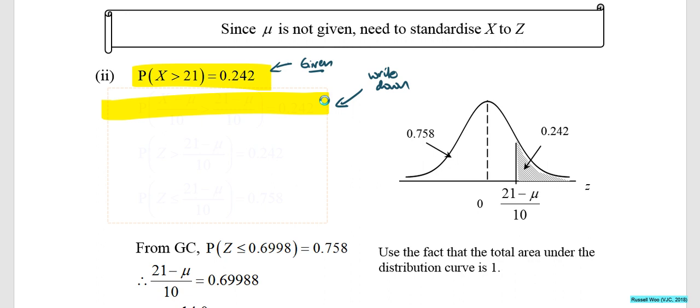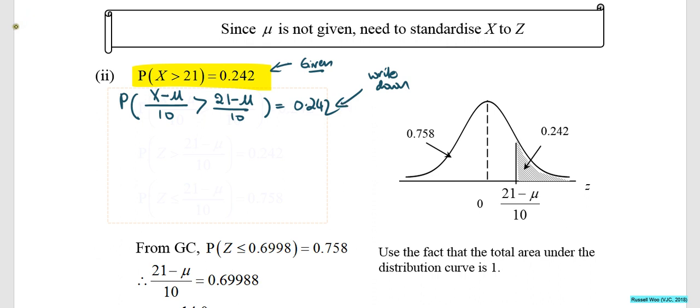Here, what you do is do the same on the left and right of the inequality. You minus mu, divide by 10 on both sides of the inequality. That means this probability x minus mu over 10, greater than 21 minus mu over 10, must be equal to 0.242.